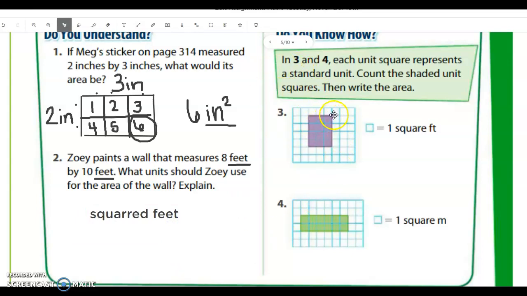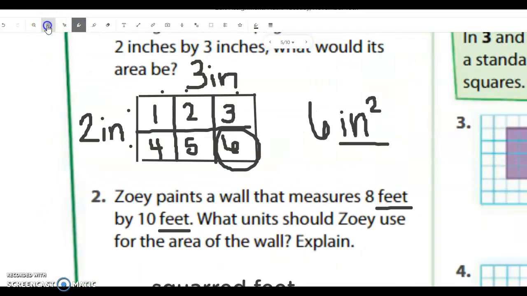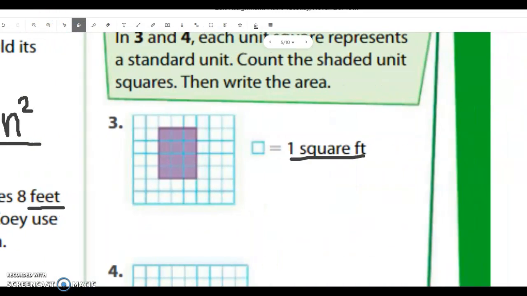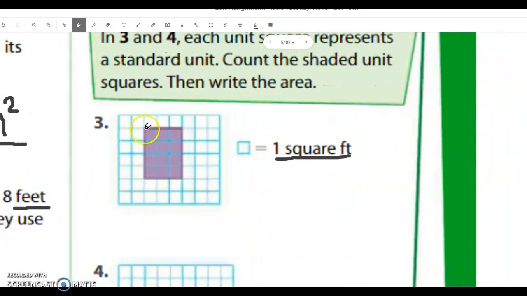Let's look at number 3. Now we are measuring in squared feet right here. And we'll practice 2 of the ways that we can find the area. The first way is by numbering each box. 1, 2, 3, 4, 5, 6, 7, 8, 9, 10, 11, 12.